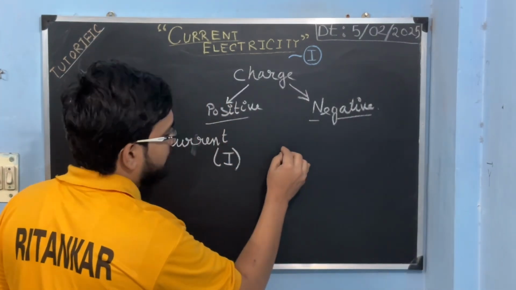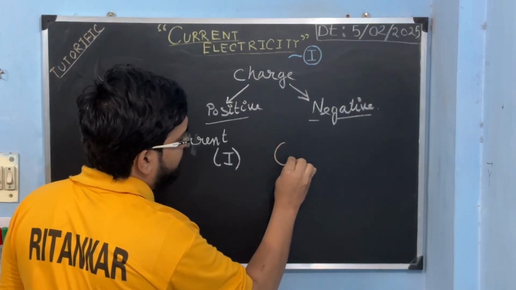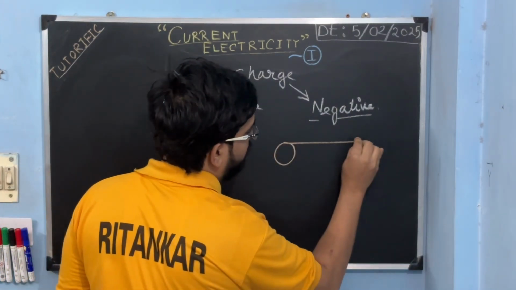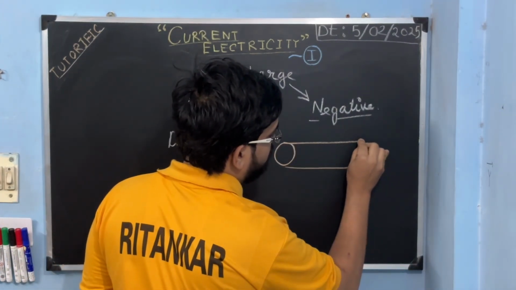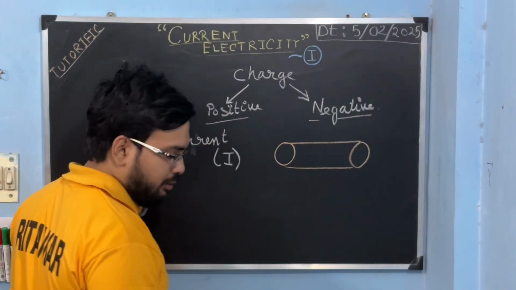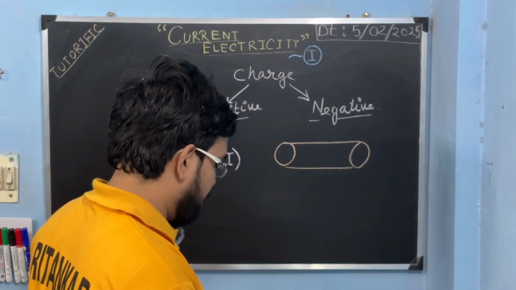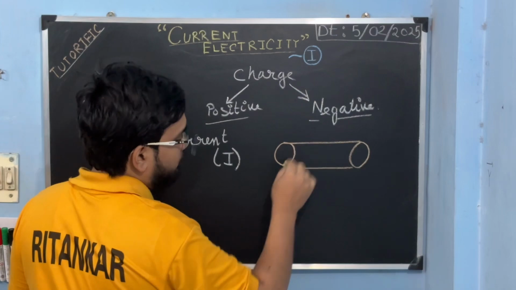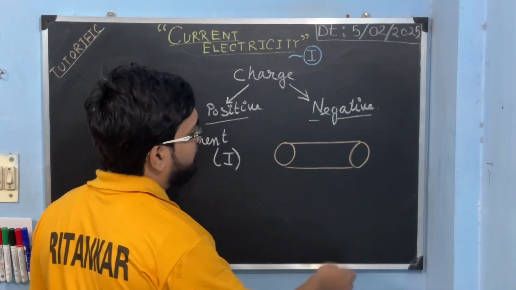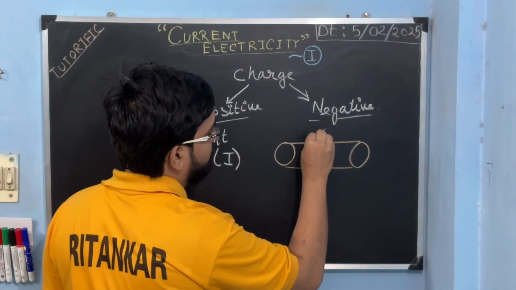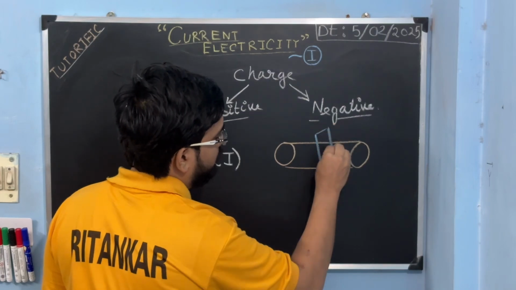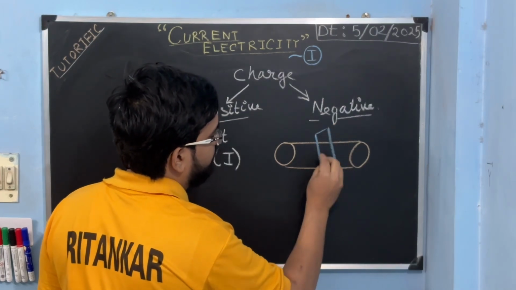Now, if I draw a conductor out here, I am taking a cylindrical conductor for my own convenience. Here, I am referring to a particular cross-section area, this area.